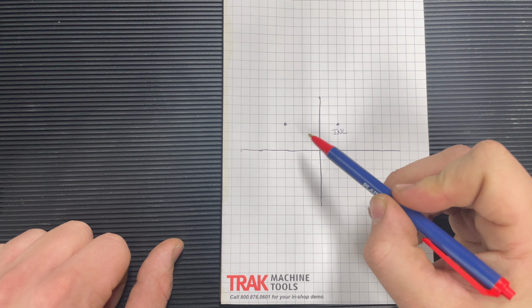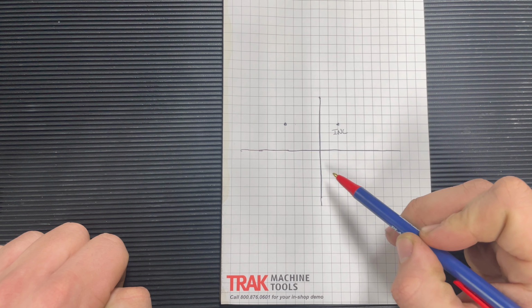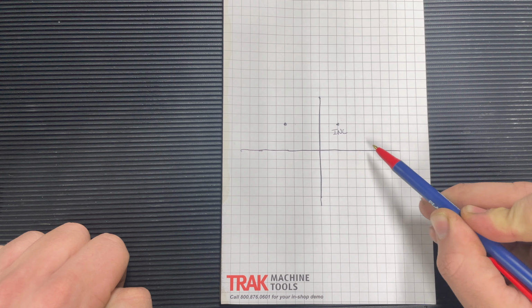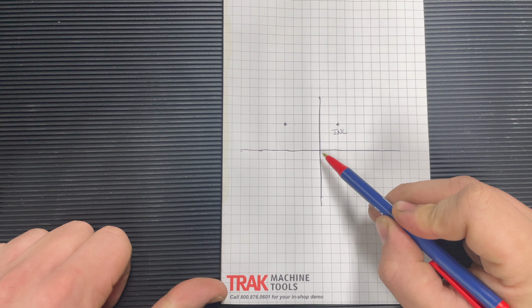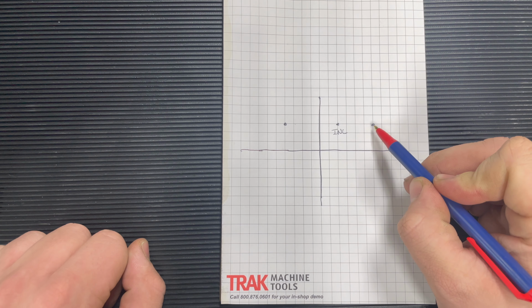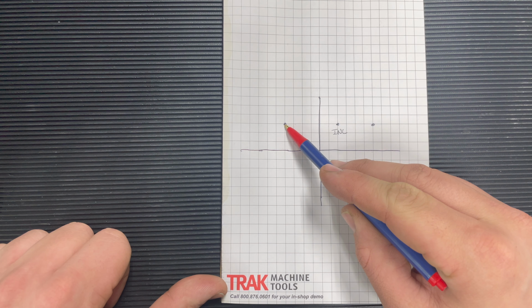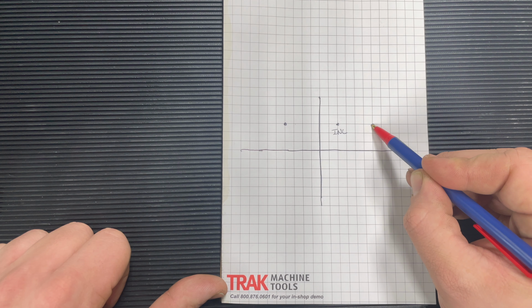Now, if I told the machine that I wanted to move to 6 absolute, it would move my machine to positive 6. For example, if I told the machine to move to 6 absolute, it would move from -4 to 6.